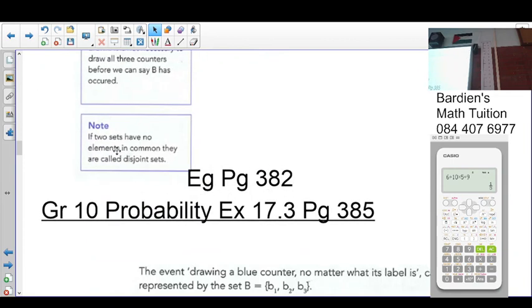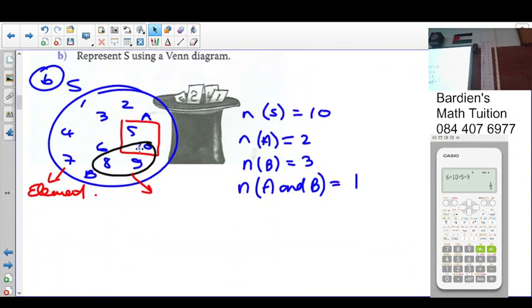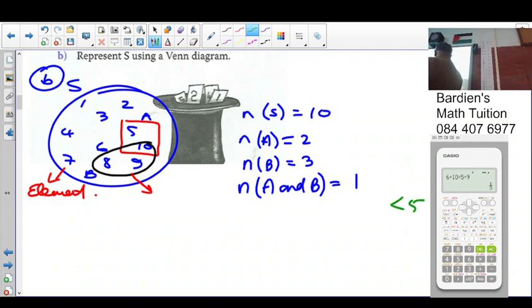That's basically what they're saying there. Now, if two sets have no elements in common, they are called disjoint. Okay. So just go back here. Are A and B disjoint or joint? Joint. Can you see that? So let's say you have the numbers for C that are less than 5, but greater than or equal to 2.